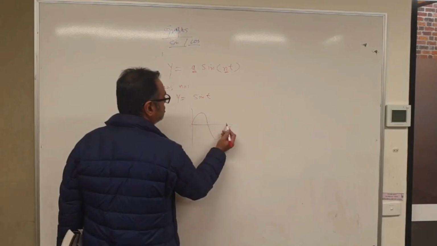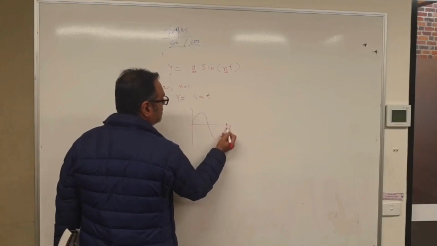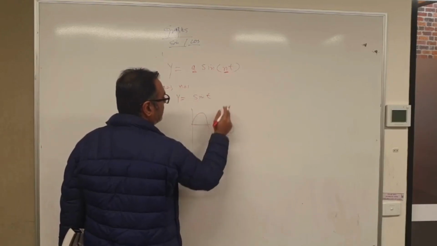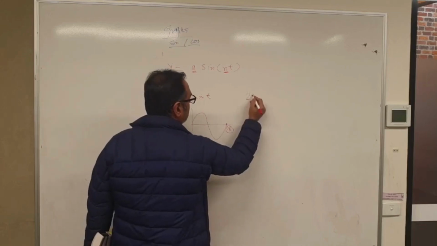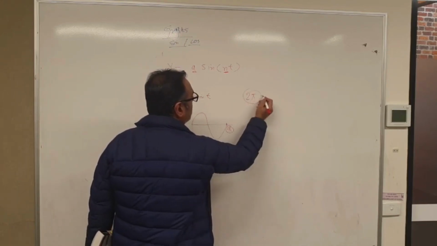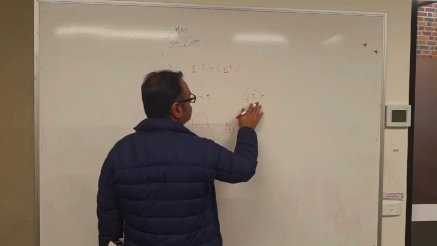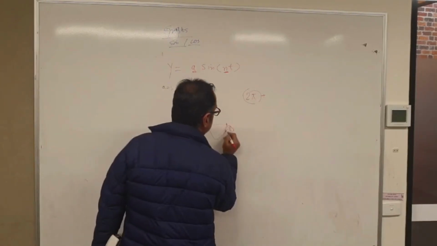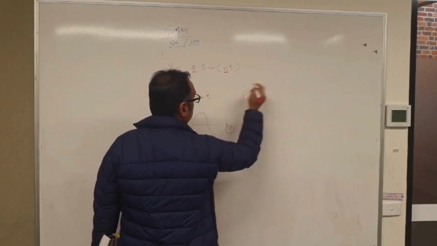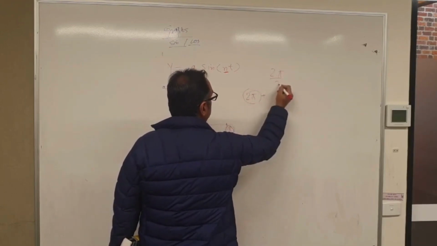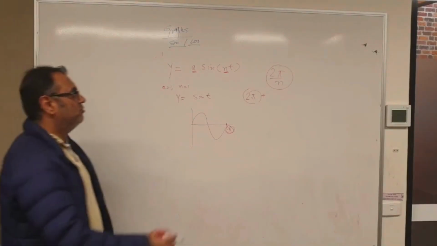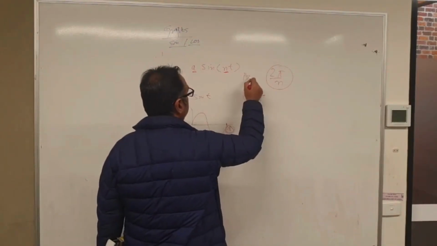So that means this value of n must have done something to this 2 pi to get a different period. So the book says 2 pi over n is the formula for the period.